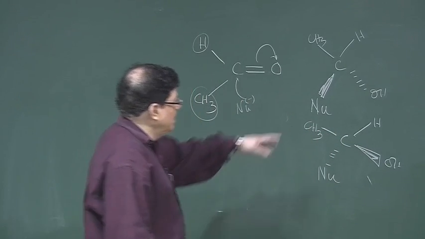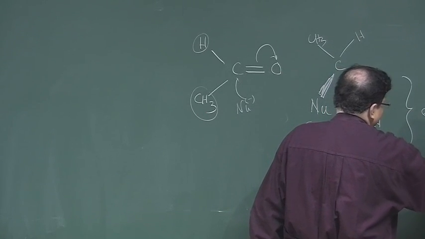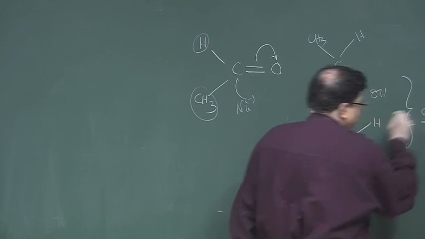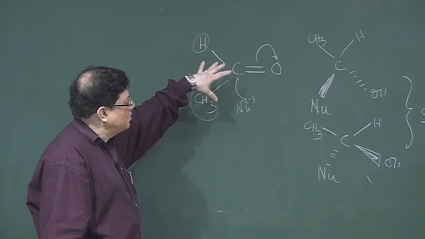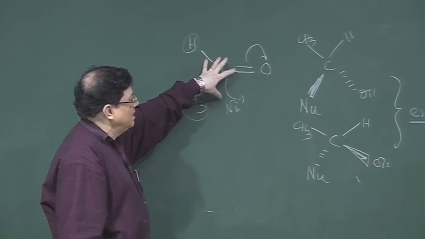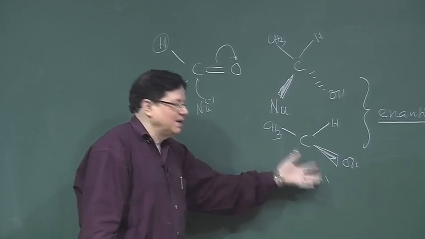Okay. So, these are enantiomers. Now, because addition leads to a set of enantiomers, addition from one side leads to one enantiomer, addition from the other side leads to the other enantiomer.